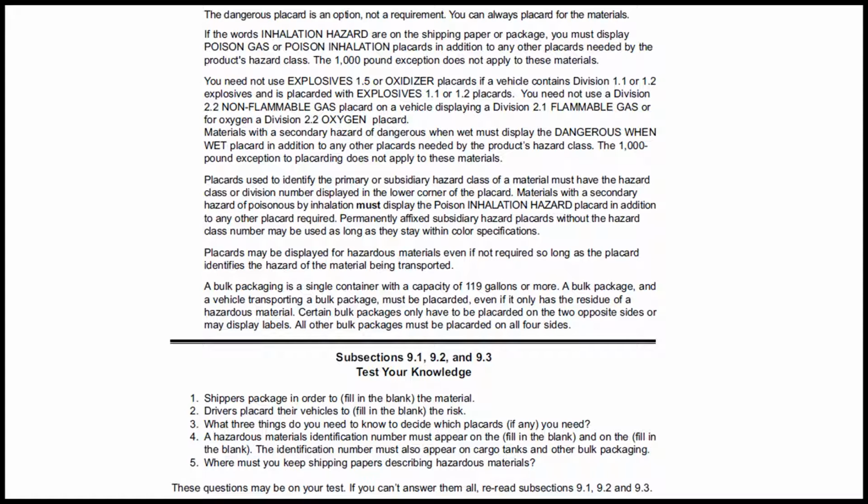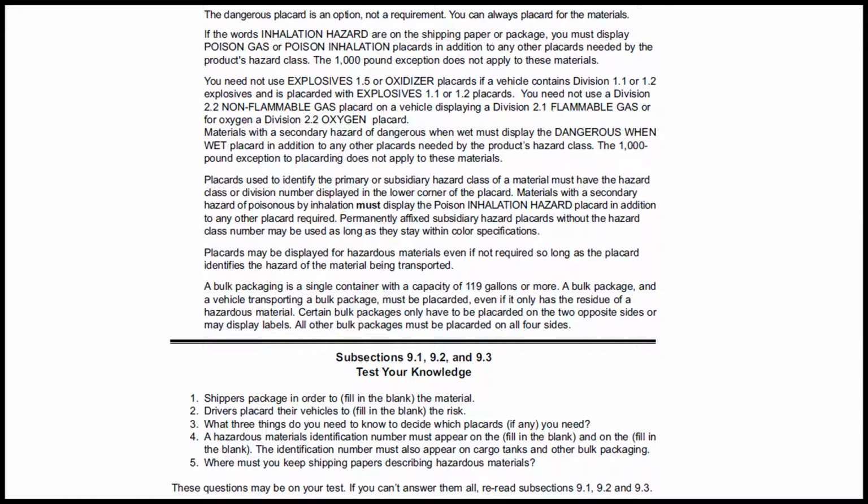Materials with a secondary hazard of poisonous by inhalation must display the poison inhalation hazard placard in addition to any other placards required. Permanently affixed subsidiary hazard placards without the hazard class number may be used as long as they stay within color specifications.